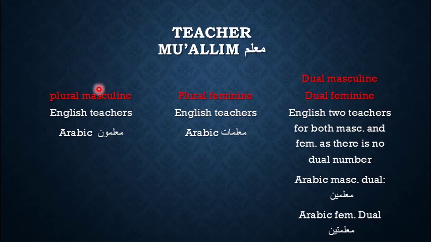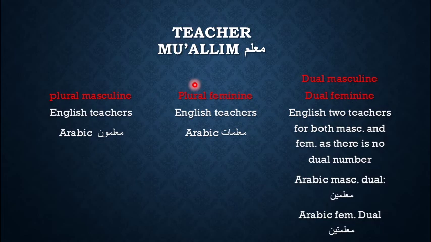In the plural masculine we have teachers, in the plural feminine again teachers, and in dual masculine and dual feminine we also have teachers, unless you want to specify the number 2. Now you know the difference regarding gender and number signaling in both Arabic and English.